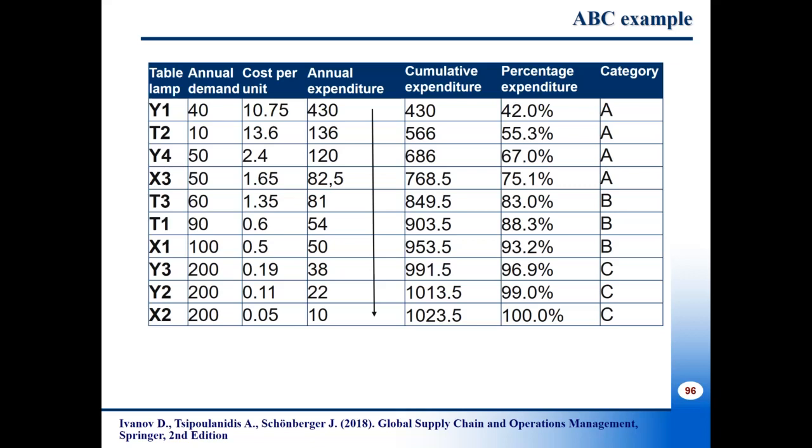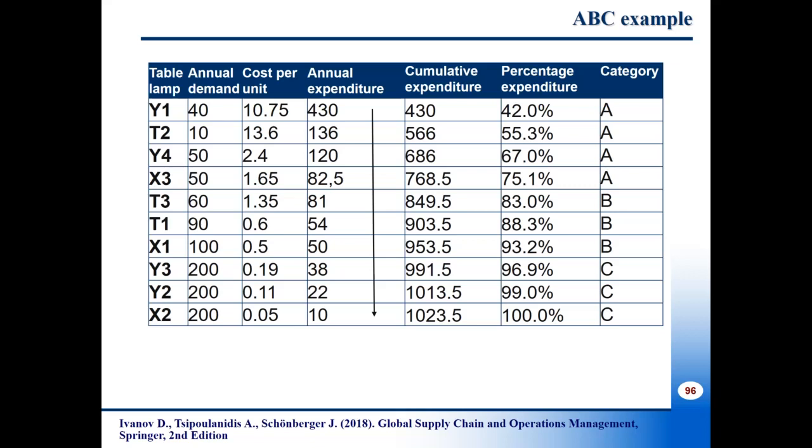Assuming the classification is 80%, it is categorized as A, then 15% categorized into B, and 5% into C. So we can label the different products according to our table on our slides.